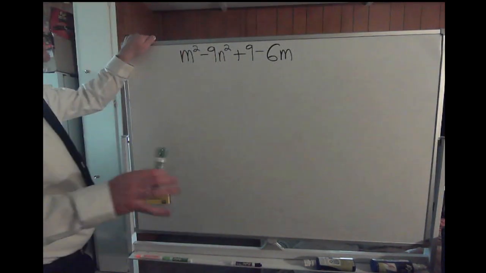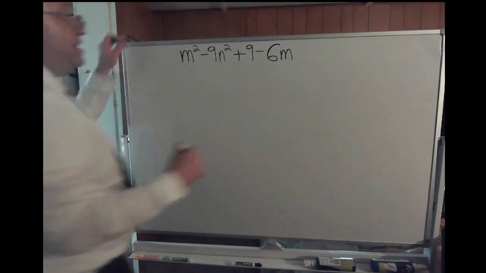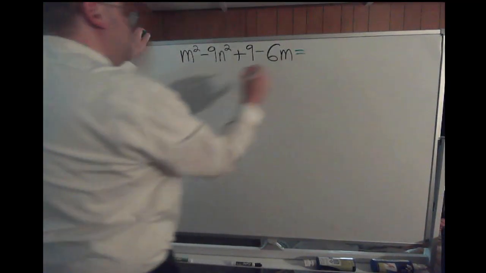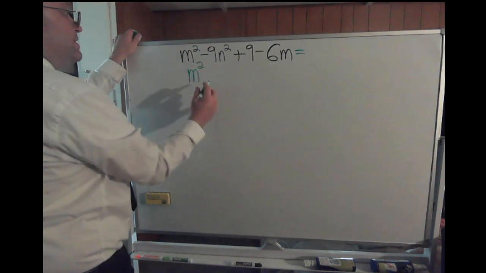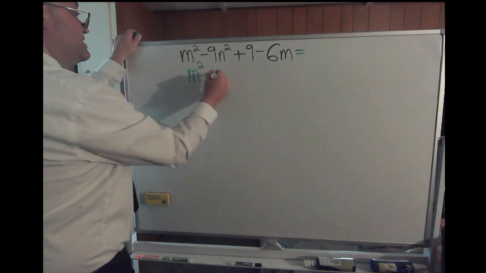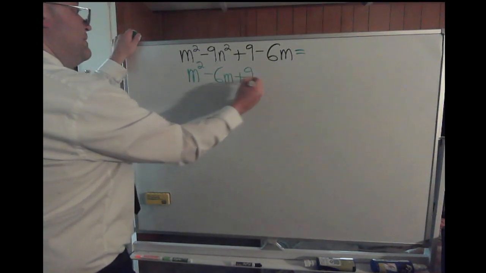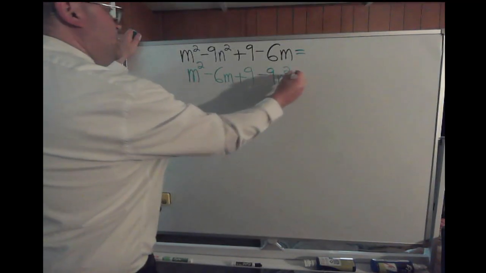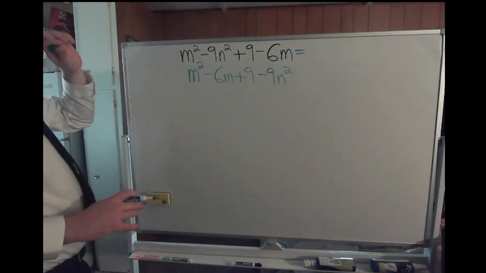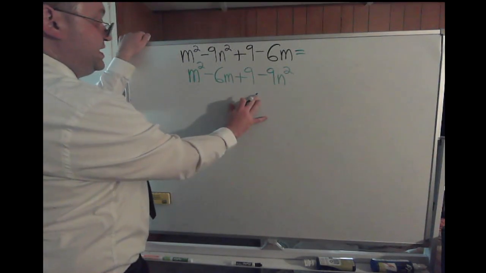It should be obvious by now that negative 9n squared, that's the odd man out. We're going to have to rearrange this to have m squared minus your 6m plus your 9, then minus your 9n squared. By the commutative property of addition, we can move these around. Now, let's only focus on the first three terms.